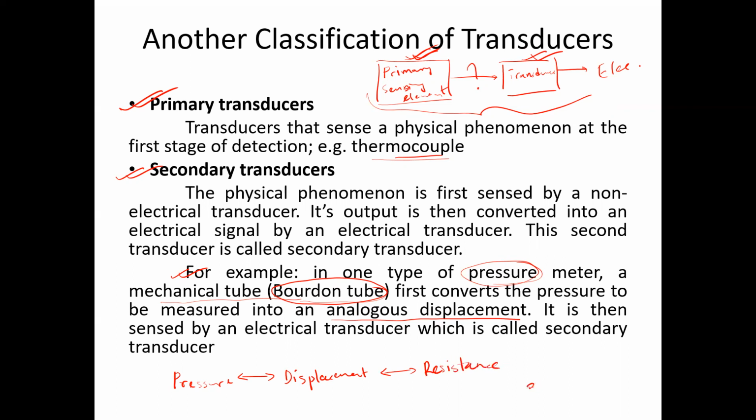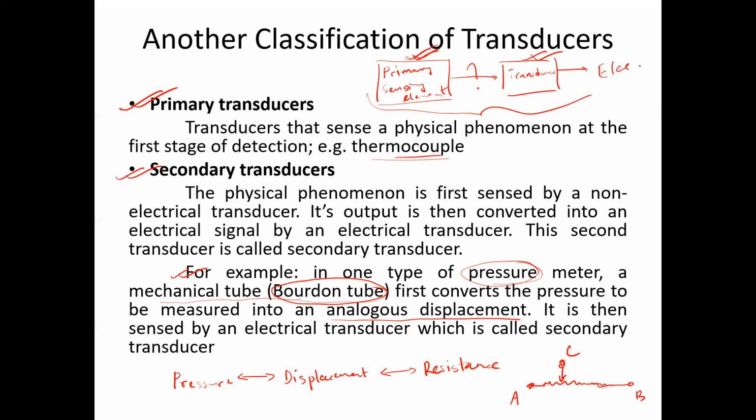So for example, if we consider a linear potentiometer or linear variable resistor, we know that it has three terminals, A, B, and C. A and B are the two fixed terminals, and C is the movable terminal, or you can say it is the slider of the potentiometer.